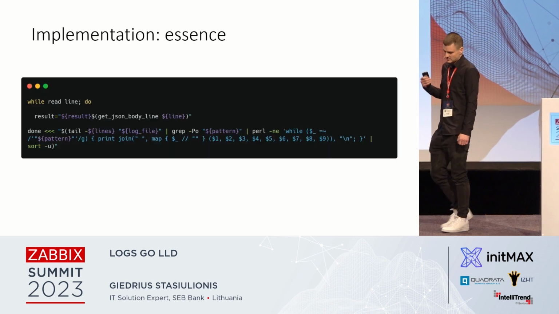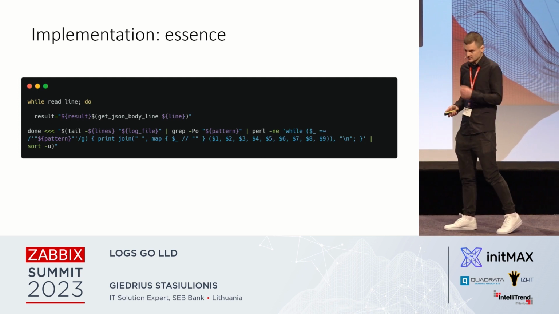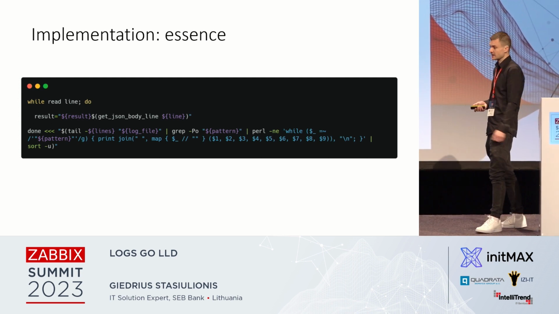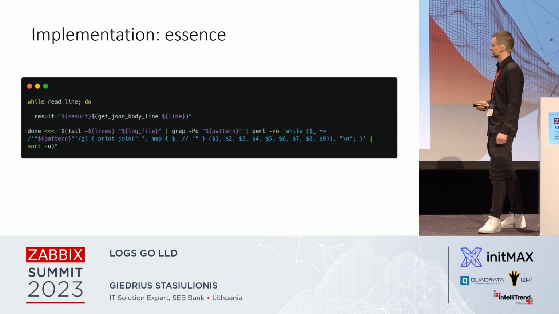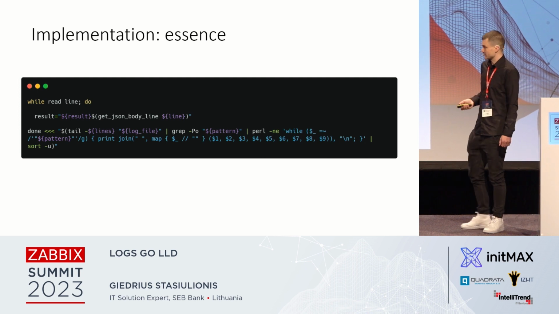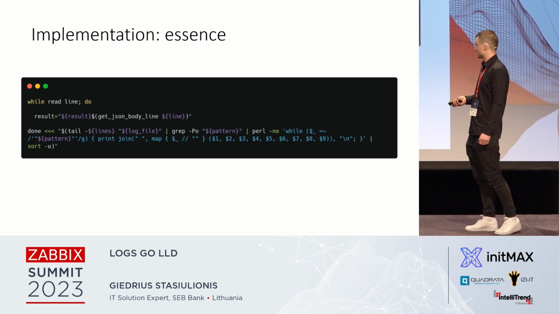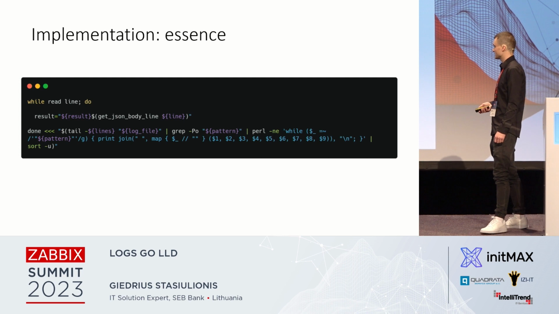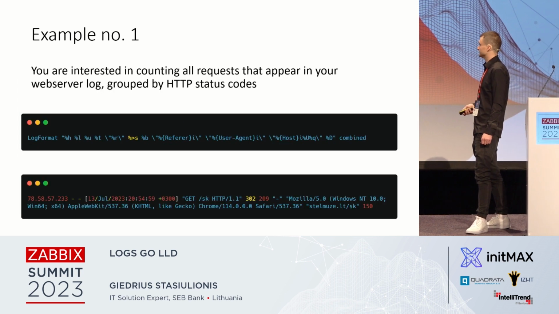Now, once again about keeping it simple. The script itself is something like 70 lines, but the whole essence of this discovery is actually in those 3 lines. To be more precise, it's actually in this pipe here. I will explain each of the sections a bit later, but just to show you how simple the discovery is, it is actually here.